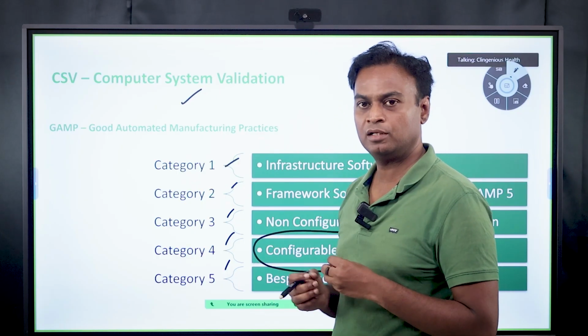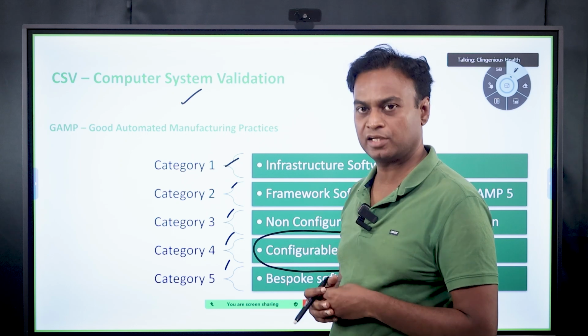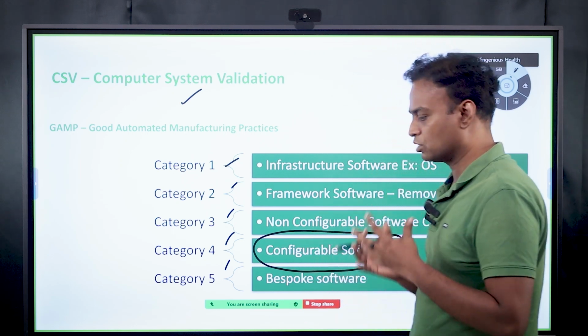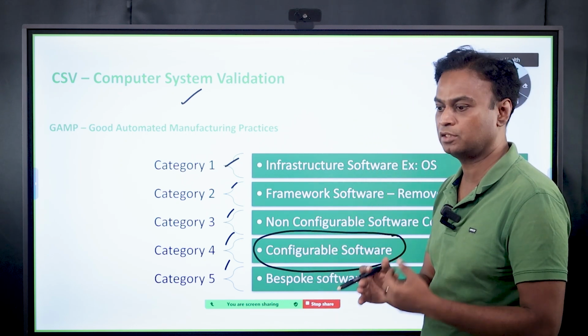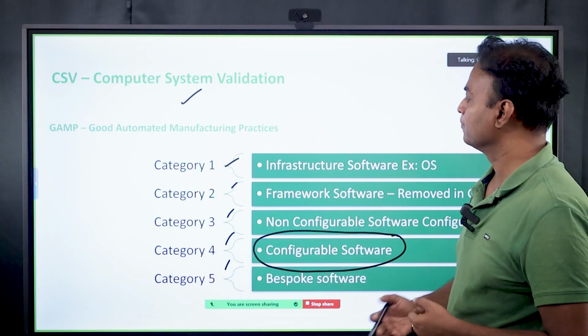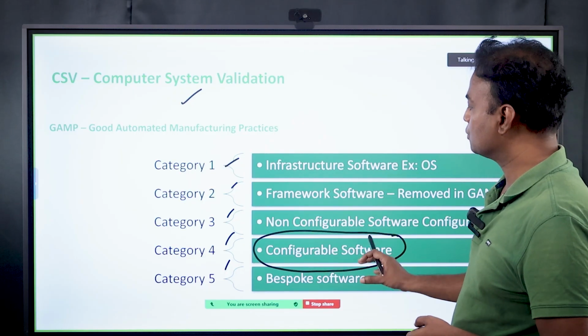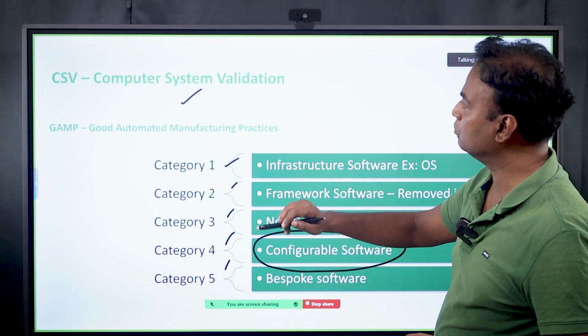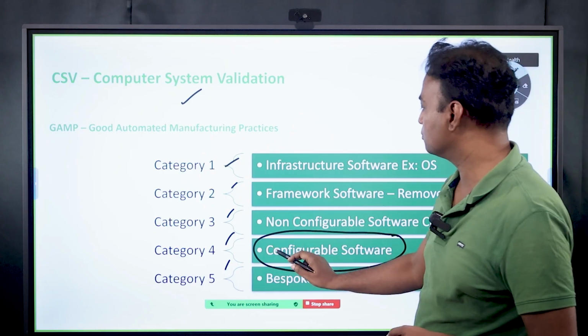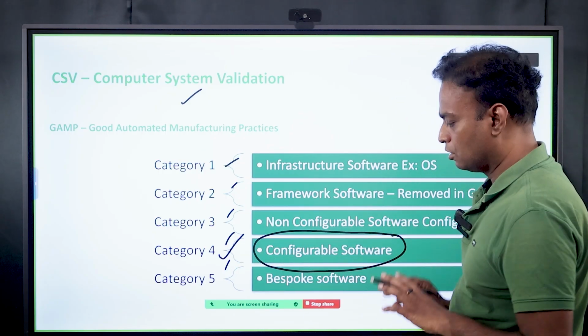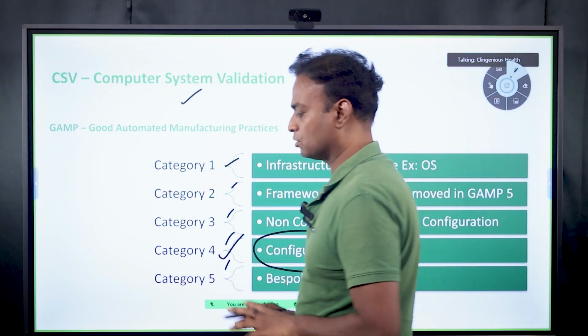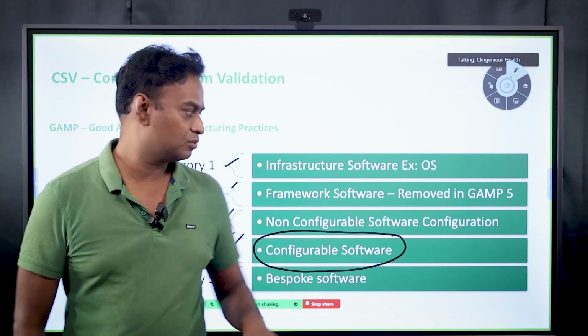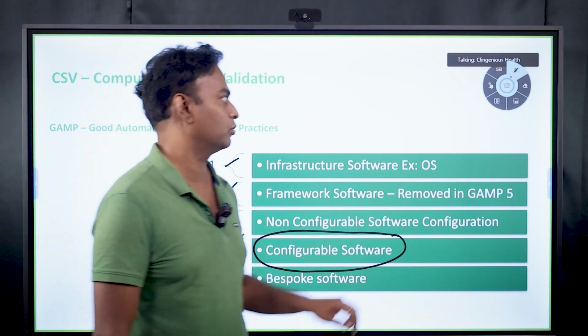You will not go and build the randomization module from scratch again. So configuration means whatever you want, you just select it so that the system behaves accordingly. If you want to build such types of systems, then you have to follow computer system validation. It comes under category 4. Normally almost all the IRT systems or clinical interactive systems come under category 4.